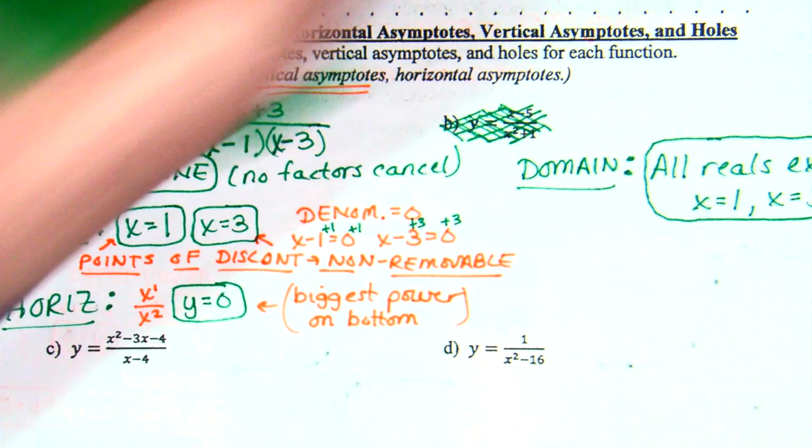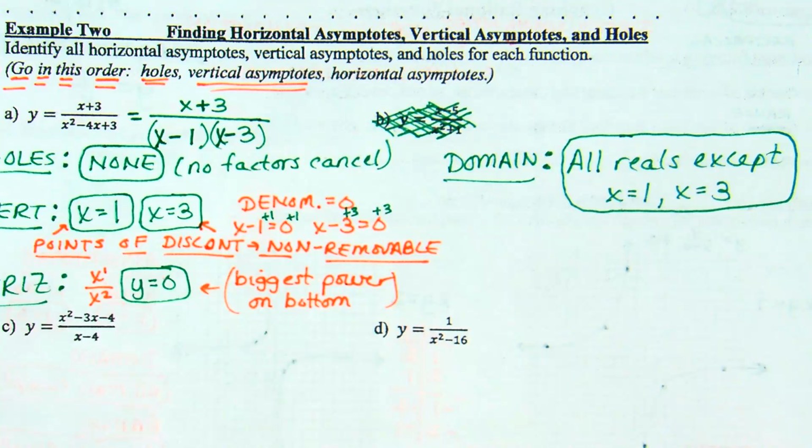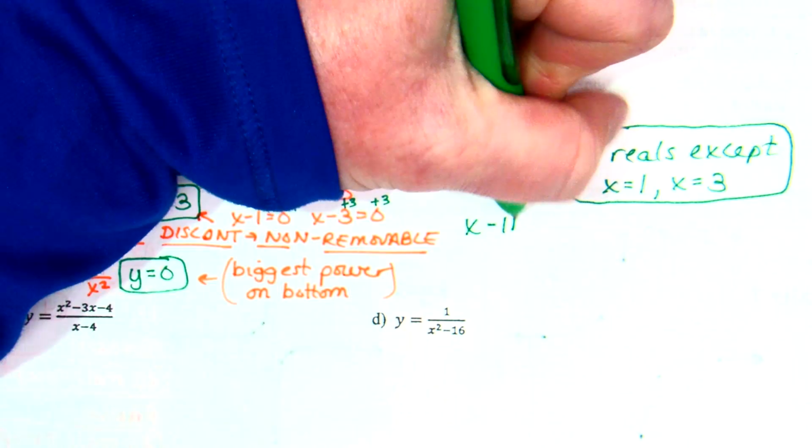Okay, x-intercept. What did it say? Or what did I say earlier? Set any numerators equal to 0. What's in the numerator? x plus 3.